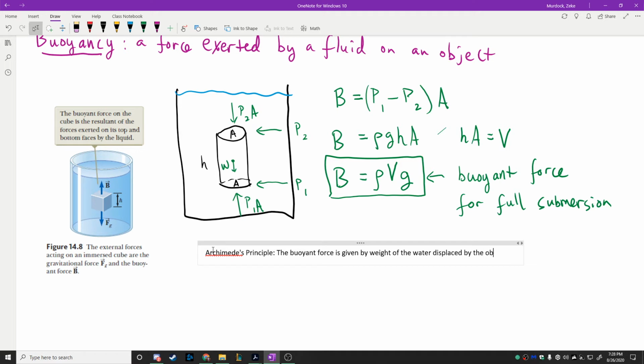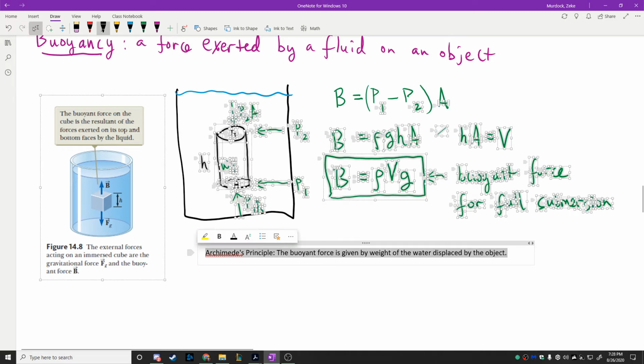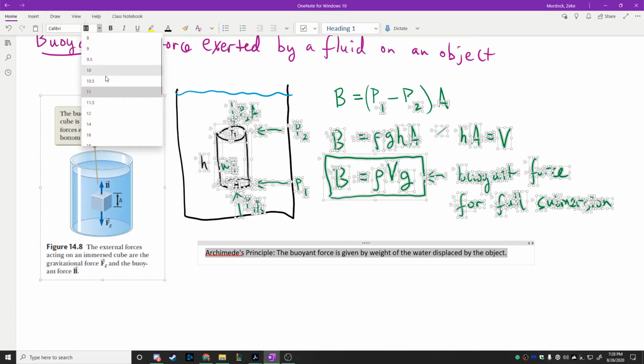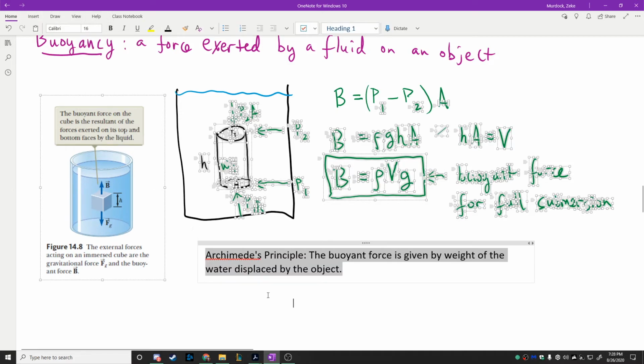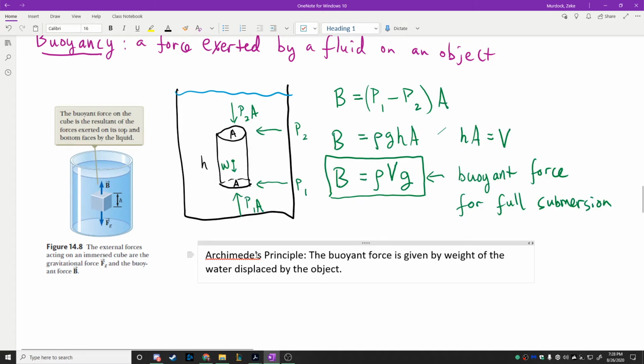Now, is this something I need to make larger so you guys can see better? I think his name is Archimedes. So the buoyant force is given by the weight of the water displaced by the object.